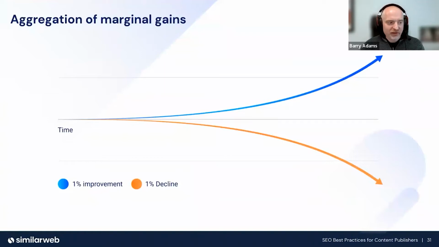Like with all things in life, it's all about doing the little things right over a long period of time. The concept of the aggregation of marginal gains is that every single thing that you do slightly better adds a cumulative effect to your overall performance over a long period of time. Doing nothing is the same as creating declines, really.